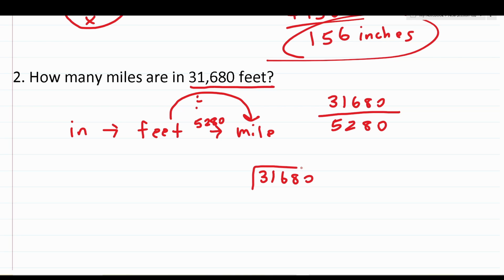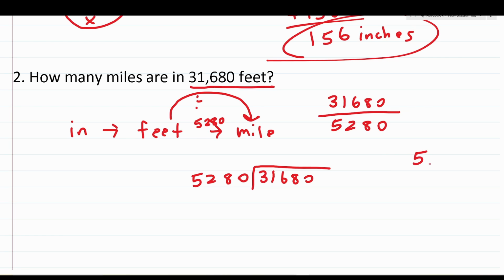Believe it or not, this is actually much easier than it appears at first glance. Let's round this down to 5,000 and this to 30,000. 5,000 times 6 would be exactly 30,000. So I'm going to say 5,280 goes into 31,680 about 6 times.